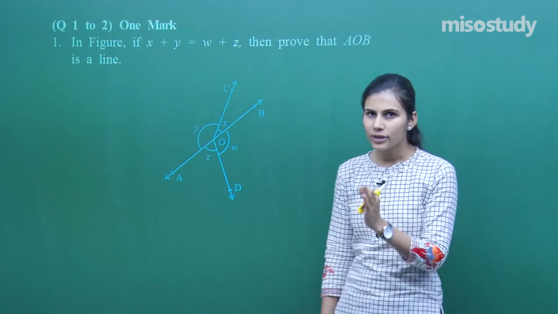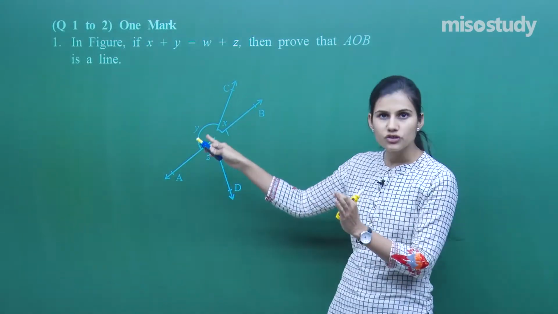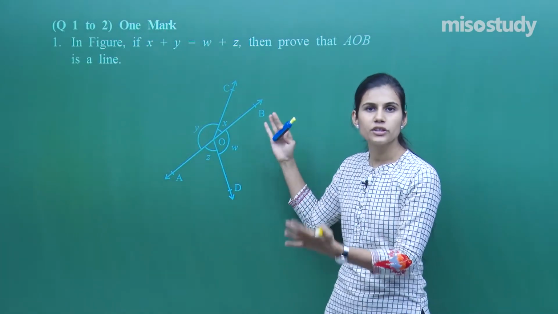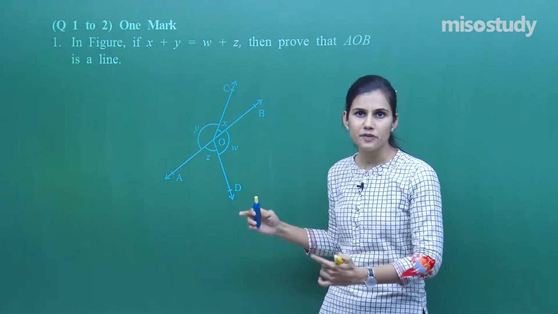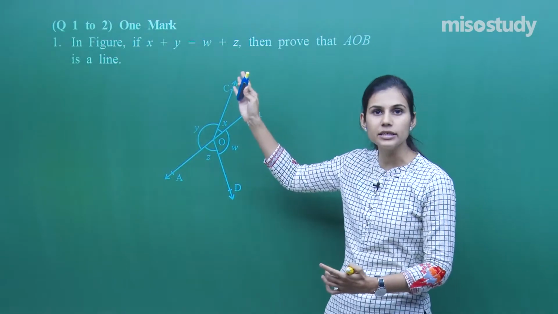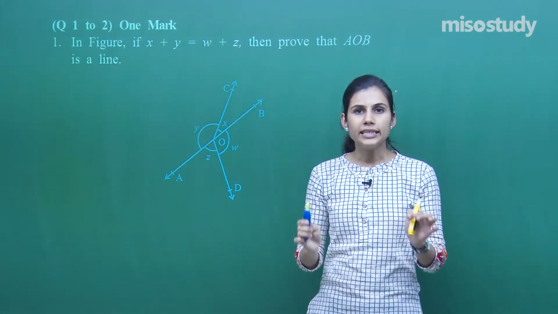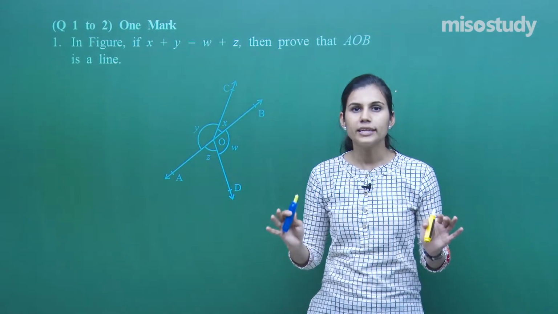But when I am interpreting AOB is a straight line as uncommon arms of x and y are opposite to each other or forming a straight line, that means I am actually asking you to recall the linear pair axiom. What did it say?